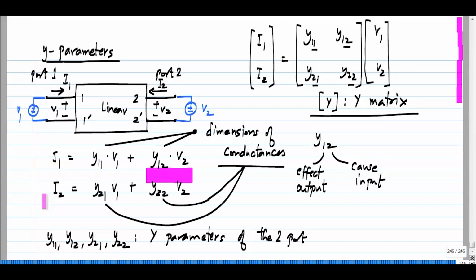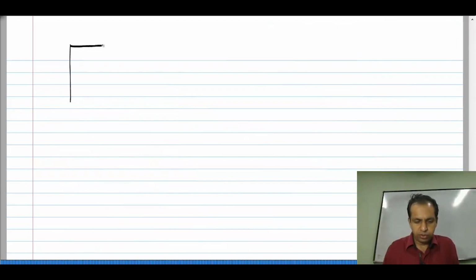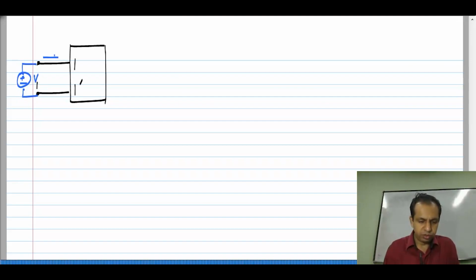Now, so far we have not done anything special. We knew that I1 and I2 would be linear combinations of V1 and V2, and that is what we have expressed, and there is a standard way of putting down these things, and that is what I have shown here. Just to make an analogy with one port, if you have a single port and you think of V1 as the cause, there is only one port. So, V1 as the cause and I1 as the effect.